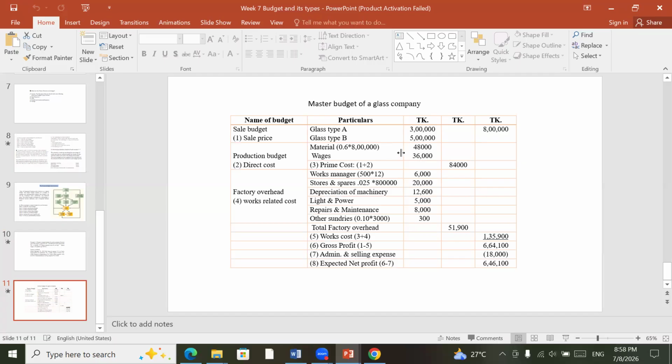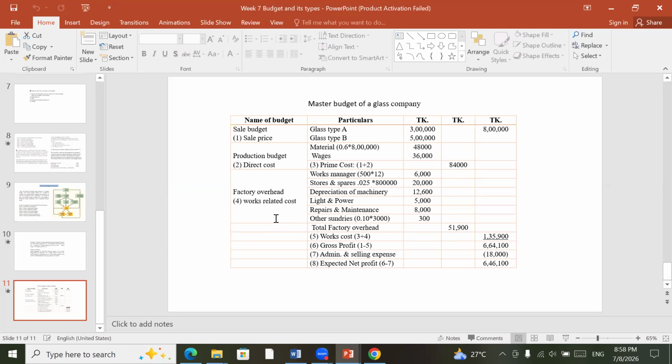This is the direct cost. So you will get the prime cost, 84,000. All direct related costs combined you can call the prime cost. Prime cost 84,000.